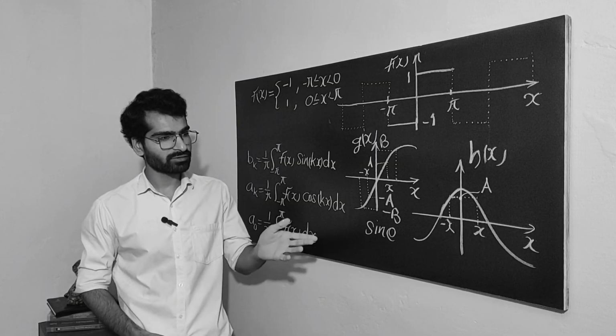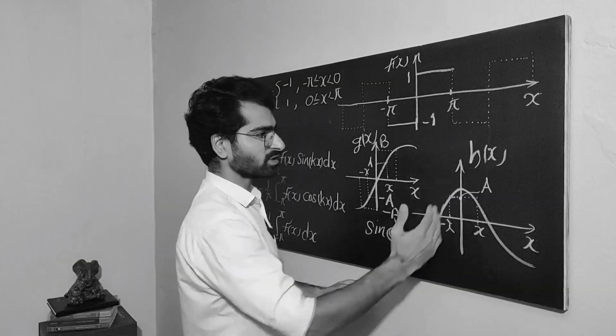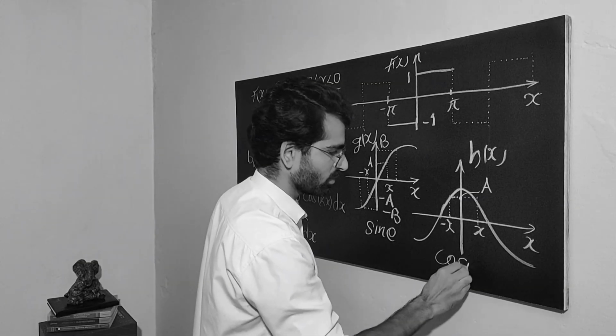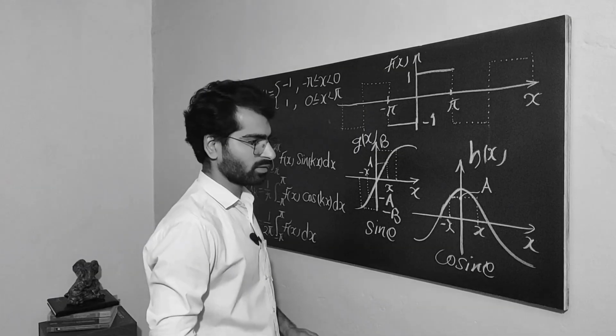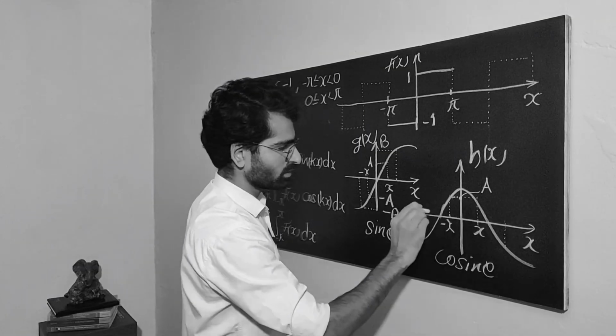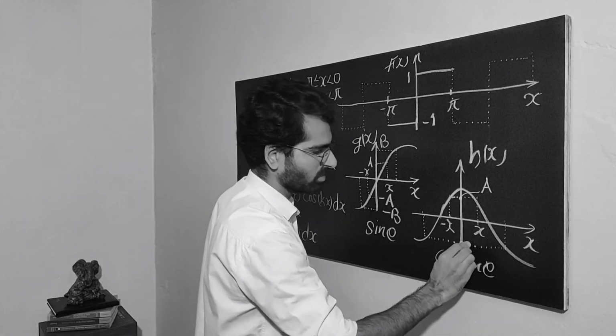Cosine waves are even. This is how they go. They are symmetric about the vertical axis. You can also check for this point, they must share the same value, maybe minus b.